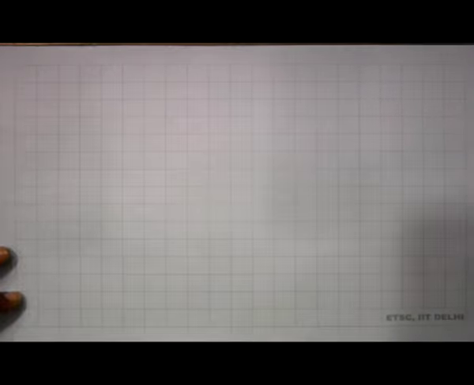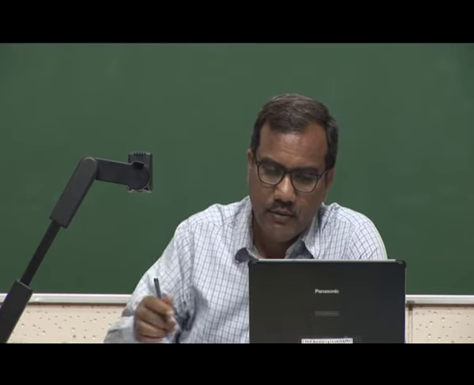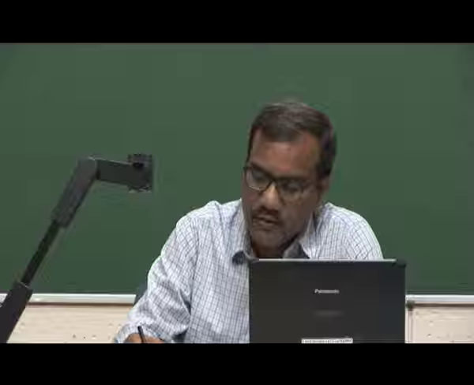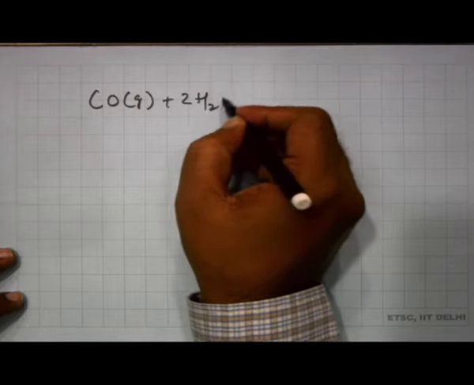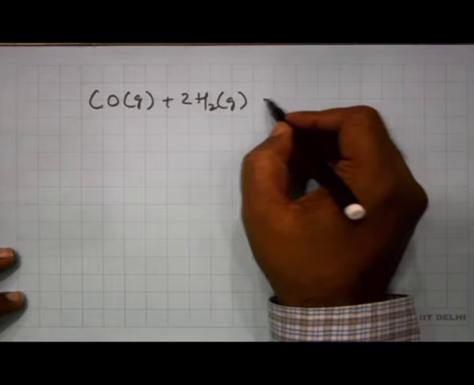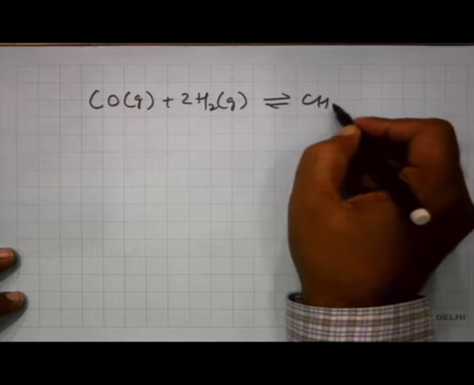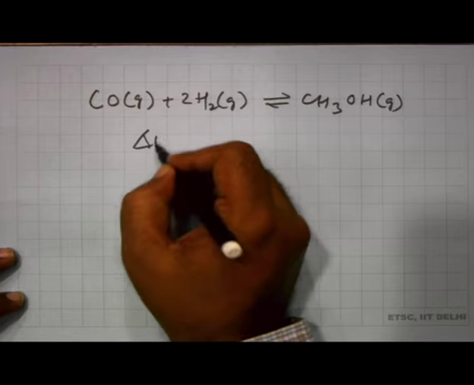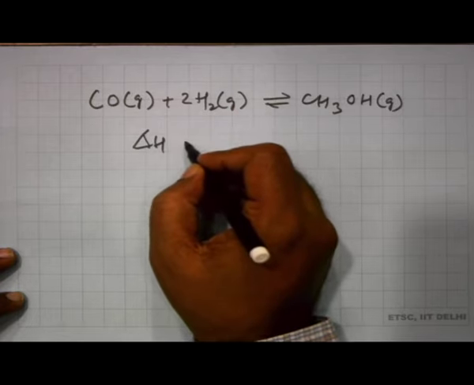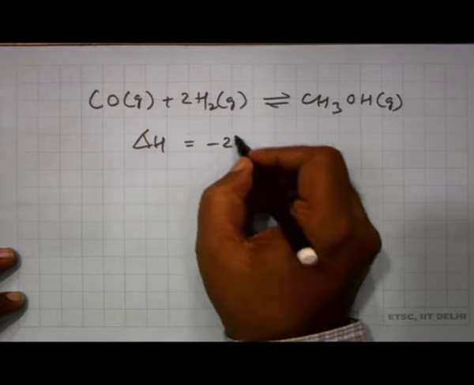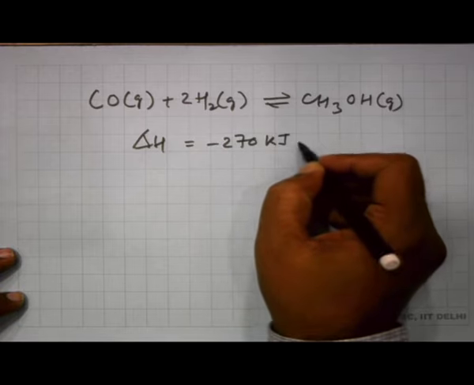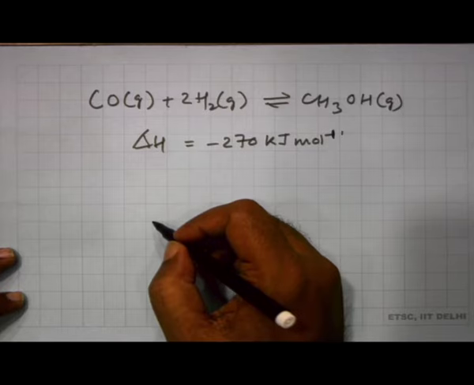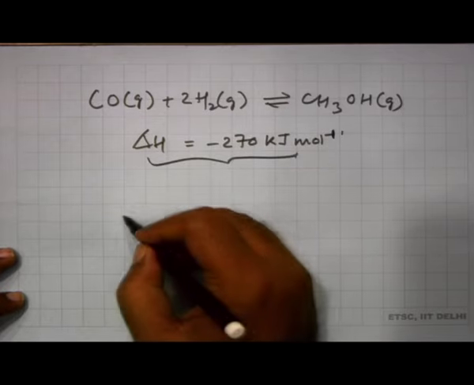You can think about several different cases. For example, methanol production, CO gas plus 2H2 gas giving you CH3OH gas, and delta H naught is equal to minus 270 kilojoule per mole. Now, again you see this.